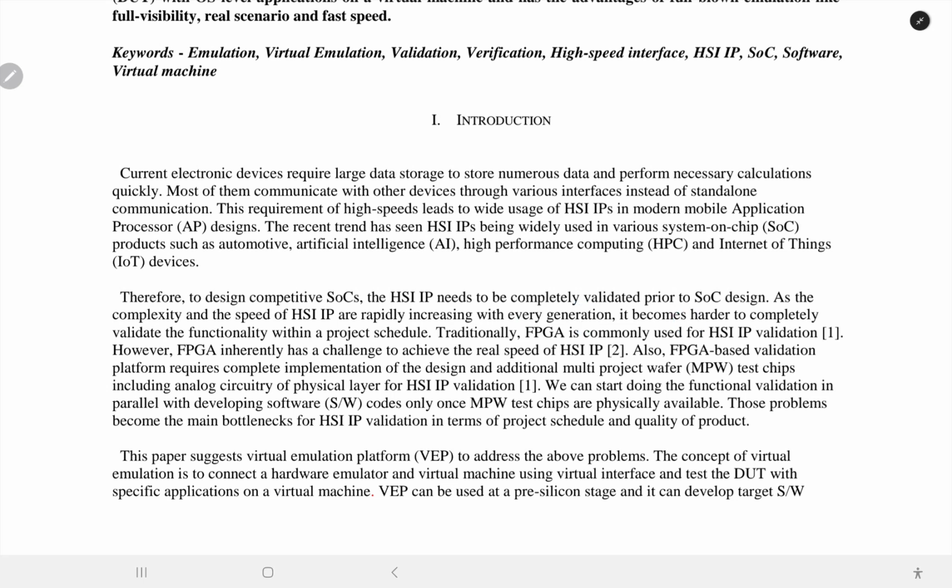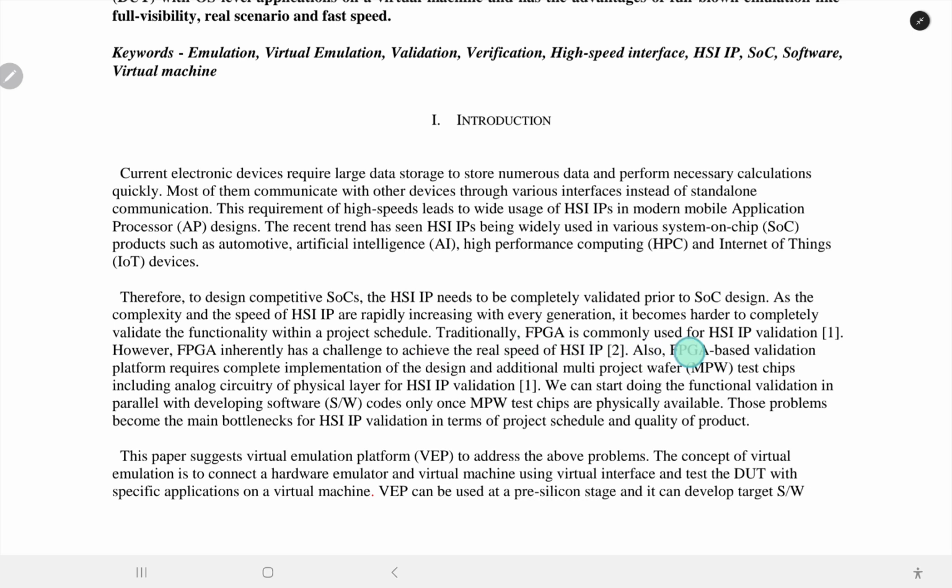It becomes harder to completely validate it up to the functionality within a project schedule. Traditionally, FPGA is commonly used for HSI IP validation. However, FPGA inherently has a challenge to achieve the real speed of HSI IP.